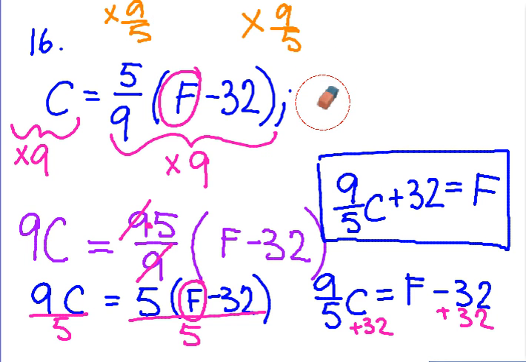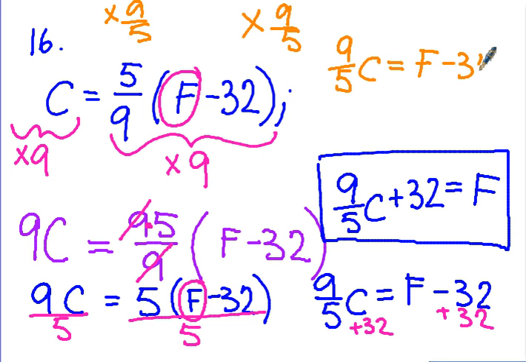We will be multiplying left hand side by 9/5. It's going to be 9/5c equals, and now 5/9 times 9/5 is 1. So all we have is f minus 32.